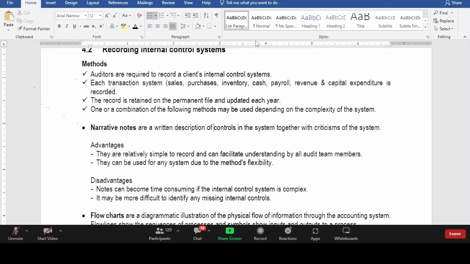But notes can become time consuming for a big entity, and notes can make it difficult to identify missing controls. For example, for a big entity, you need very many pages, so it can be time consuming.